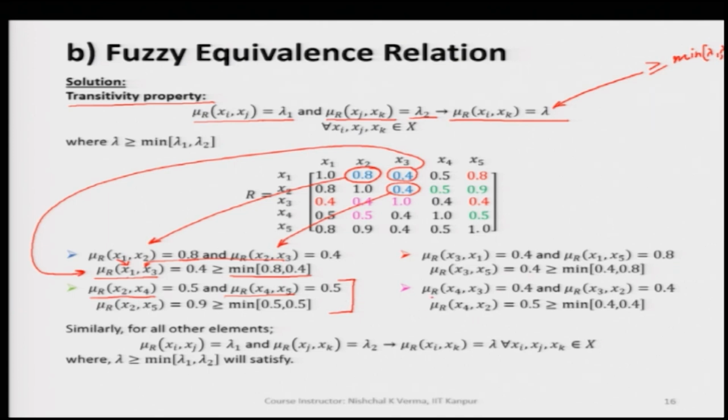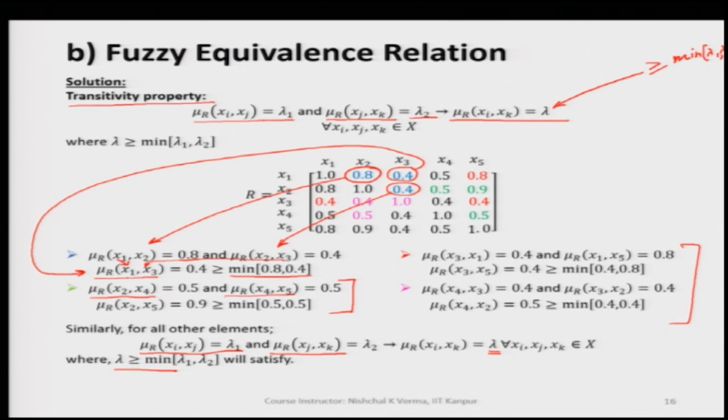Similarly, for all the other elements we have checked, you can also verify this, and we find here mu r of x i x j, which is lambda 1, and mu r of x j x k, which is lambda 2, and with this, if we find mu r of x i x k, then in that case this value, the lambda, is always either greater or equal to min of the lambda 1 and lambda 2 for this given fuzzy relation matrix.